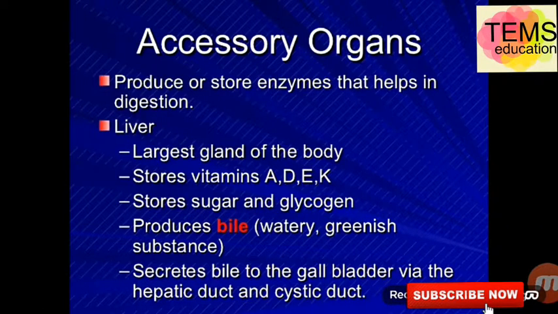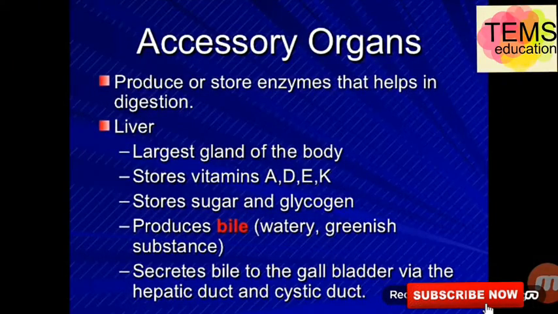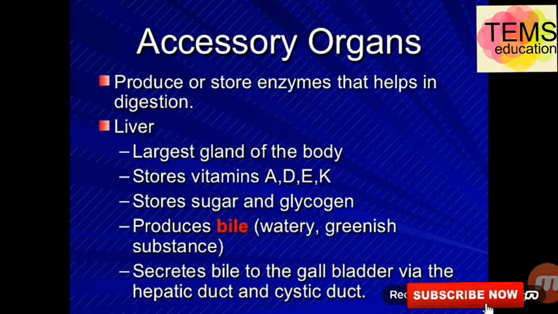And there are many accessory organs which help in digestion through different enzymes: the liver, gallbladder, pancreas, etc. The liver is the largest gland of the body, which stores vitamins A, D, E, and K. It also stores sugar and glycogen.